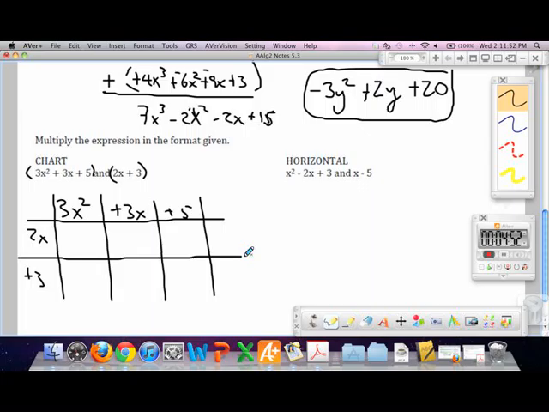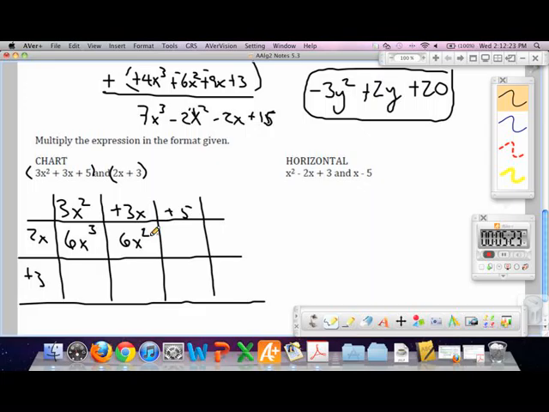So 3x squared times 2x is 6x to the third power. Same base, add the exponents. 2x times 3x is 6x squared. 2x times 5 is 10x.